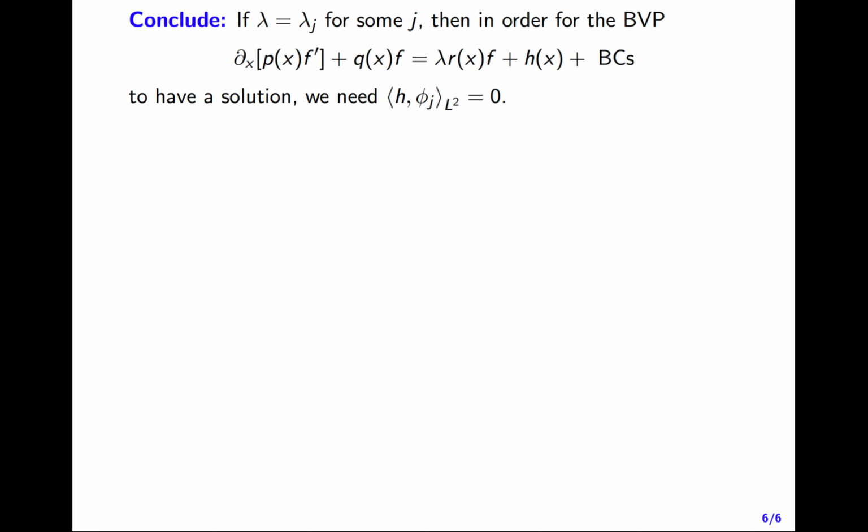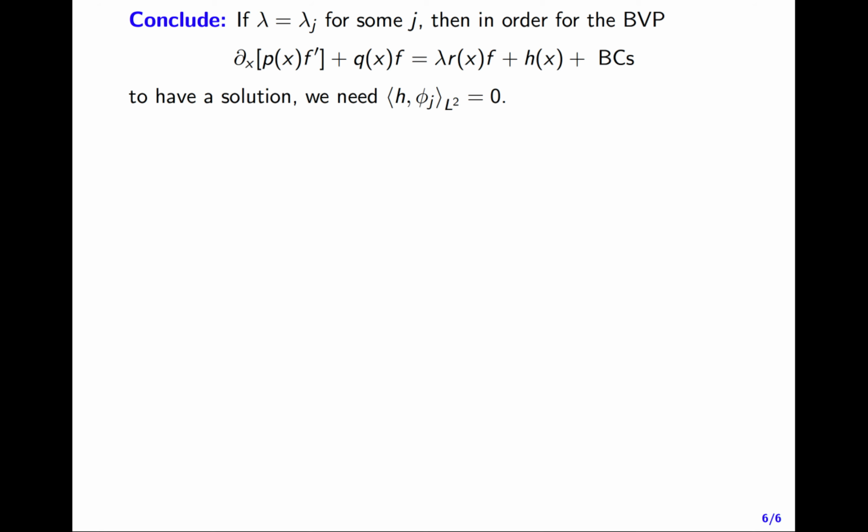So what do we conclude from this formal analysis? If lambda is equal to lambda j for some j, if the scalar parameter lambda is one of the eigenvalues of the boundary value problem, then in order for the nonhomogeneous boundary value problem to have a solution with the nonhomogeneity h, we need the inner product of h against phi j in L2 to be equal to 0.